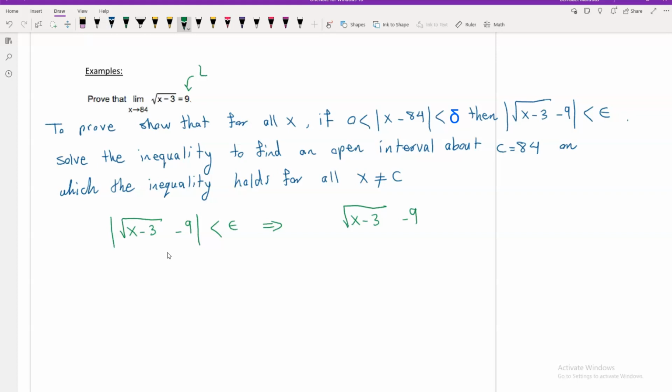When we have inside that absolute value, that is between negative epsilon and positive epsilon. Now solving for x, here we have to add 9.